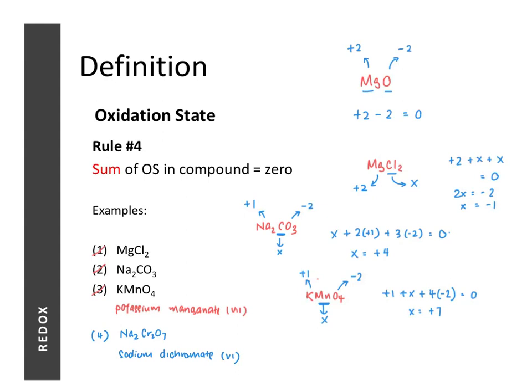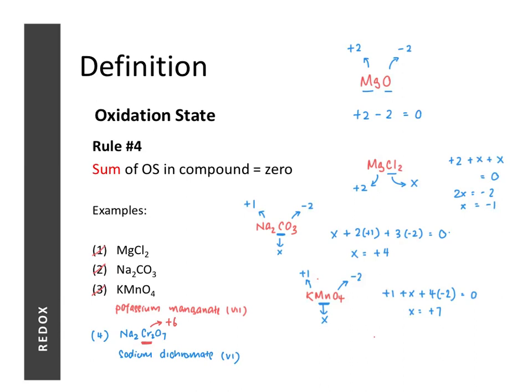So if we look at the formula, I need you to find the oxidation state of chromium. Once again, chromium does not have a fixed oxidation state, so the only way for us to find out the oxidation state is by using rule number 4. And if you have done it correctly, try it first, you would find that it has an oxidation state of plus 6.